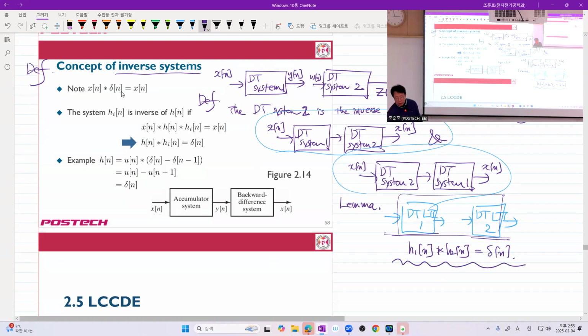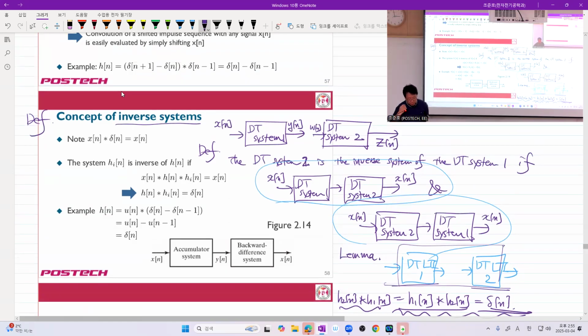If this holds, we are done because the convolution sum is commutative. So this one holds, that one holds. Got it? So many results can be stated in terms of impulse responses.